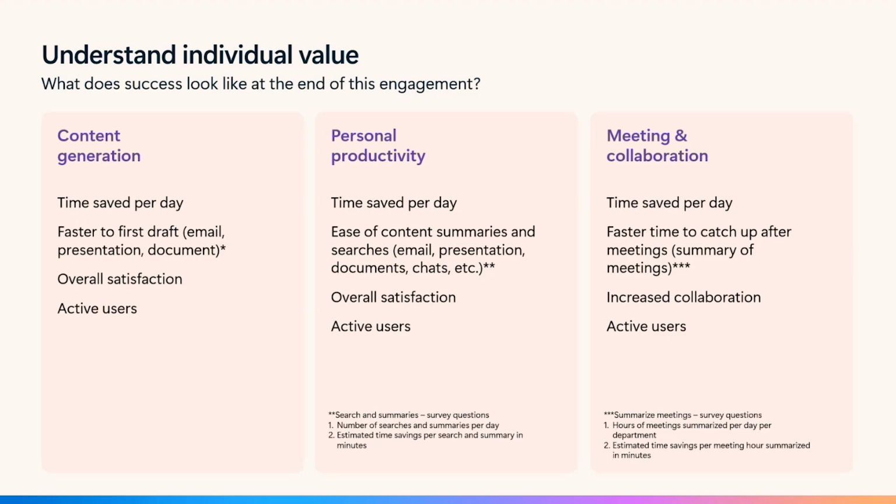For documents, just to let you know that Copilot is able to do a comparison between 5 documents at the same time and give you a table for this comparison. Exactly the same thing here, overall satisfaction, active users, and the last column is especially about meetings.